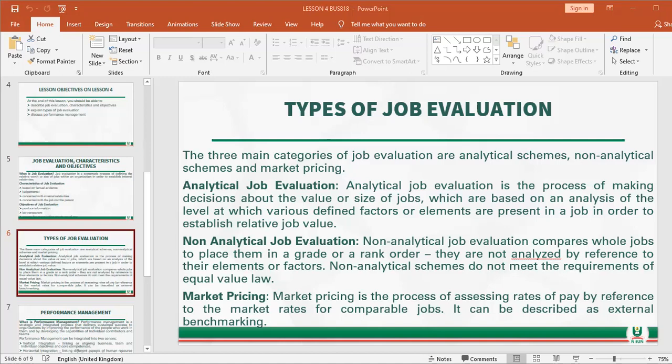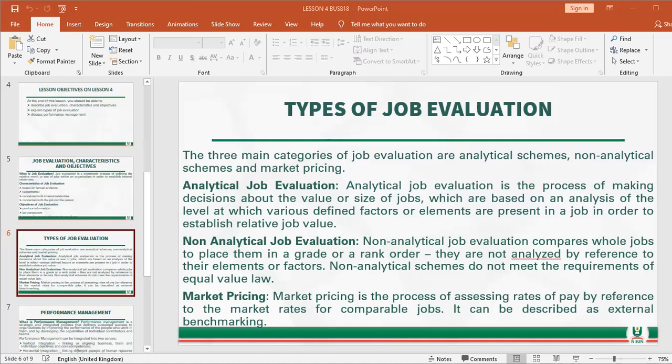So what I would advise you guys to do is to research these two types of analytical evaluation scheme, the point factor scheme and the factor comparison scheme, so that you can have a broader view of what these two are talking about.